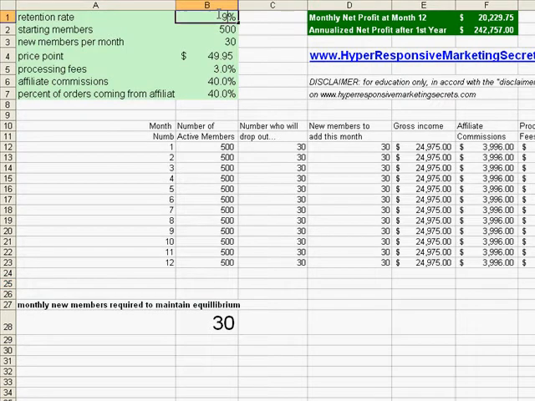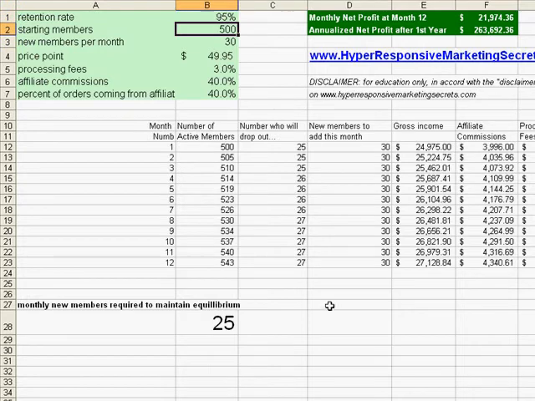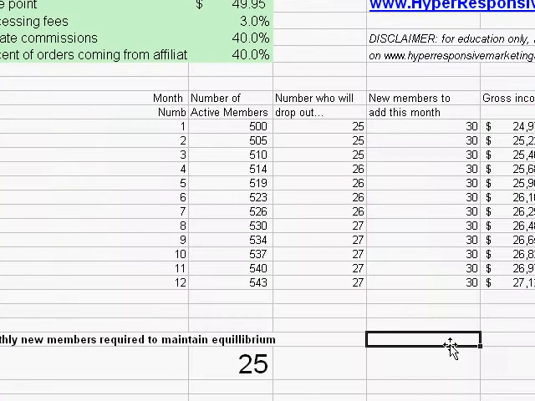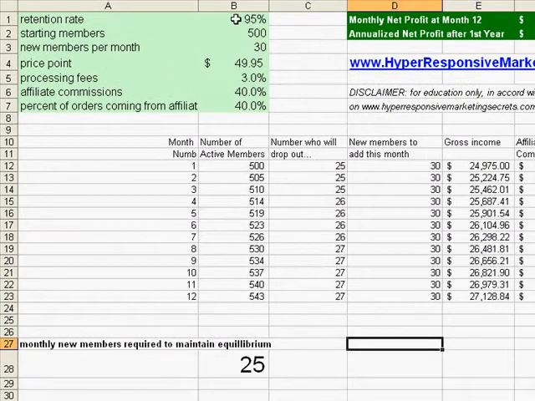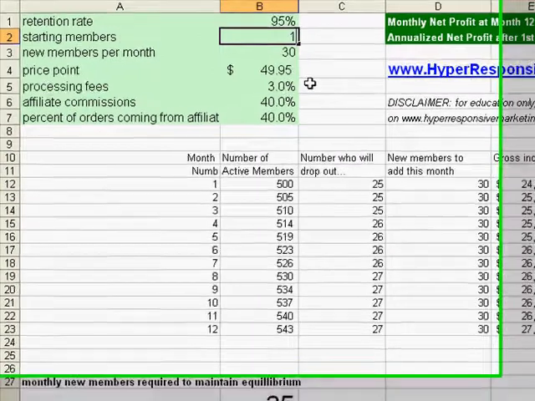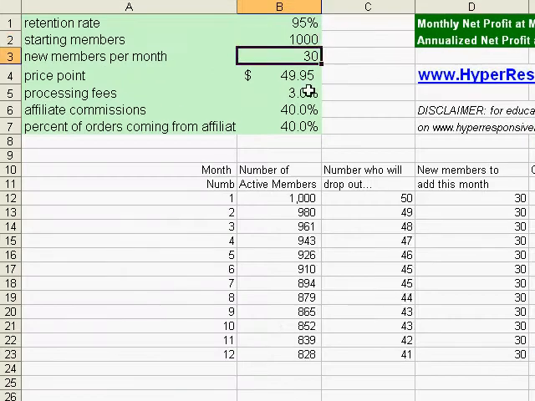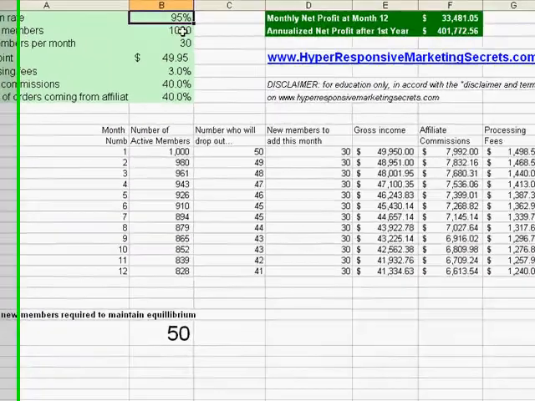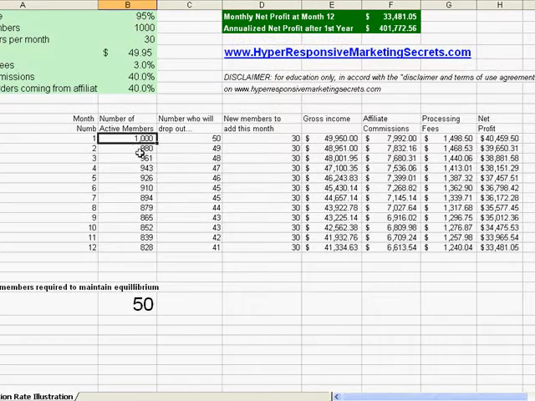Now, let's leave this at 95% again. The other thing to recognize is that the larger your customer base becomes, the more important that retention rate is. If I bring this to 1,000 customers to start with, you'll see that even at a 95% retention rate the number of active members starts to drop, because 5% of 1,000 is 50 people dropping out every month, and I'm only adding one person a day.